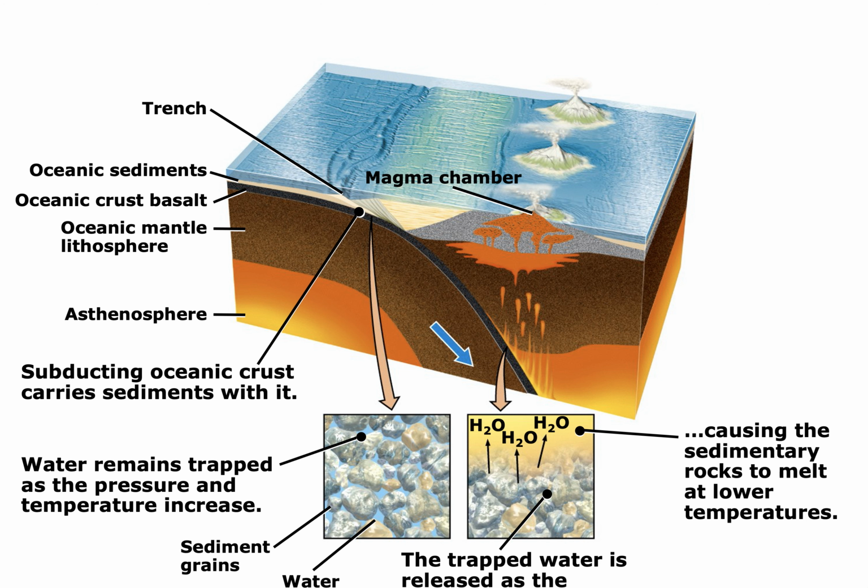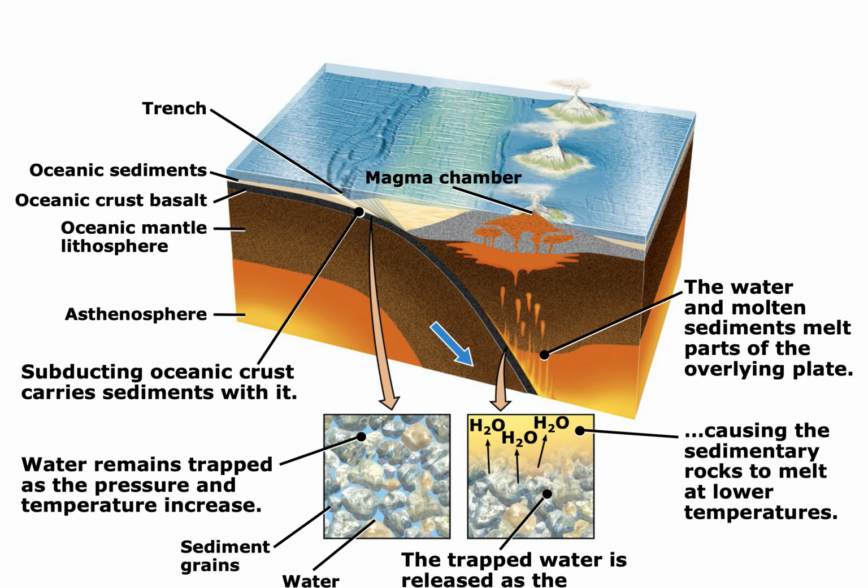For now it is good to know that it is caused by the release of water. So, the water and the molten sediments melt parts of the overlying plate, as it is here.